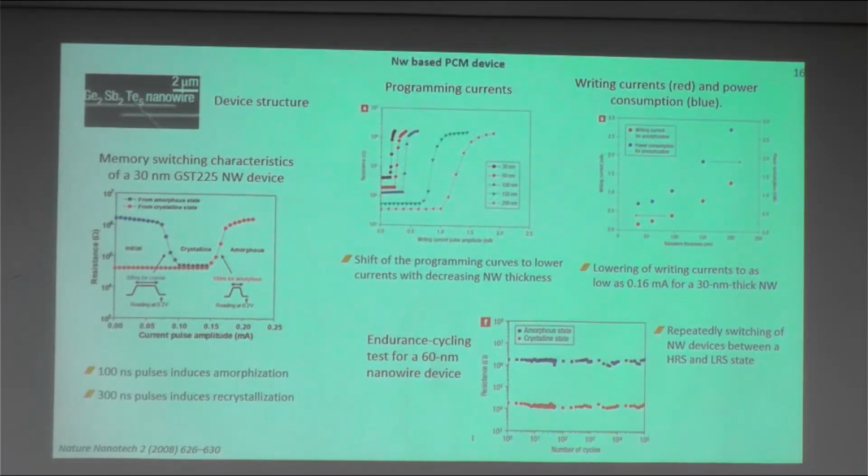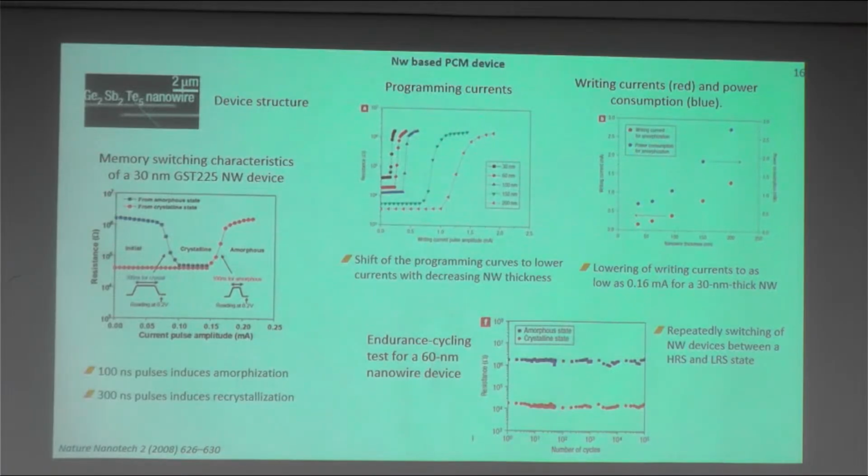Also, there is a lowering of writing currents with decreasing nanowire diameter, like for 30 nanometers. Here, we have low writing currents. And the endurance of such devices, tested for a 60 nanometer nanowire device, was really nice.